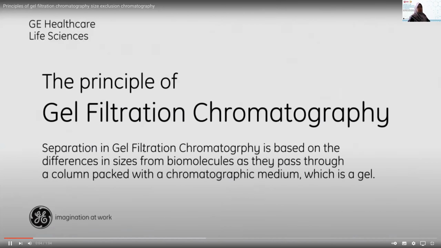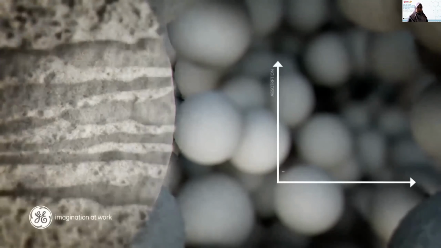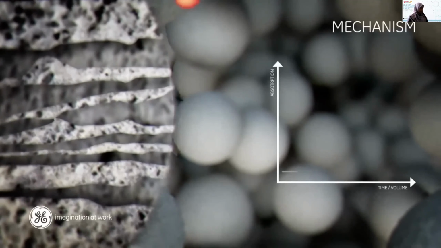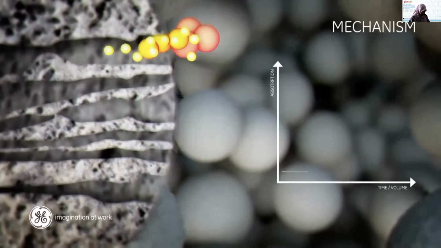So we separate the protein according to size. Gel filtration chromatography is based on the differences in sizes of biomolecules as they pass through a column packed with a chromatographic medium, which is a gel. Molecules larger than the pores in the gel are unable to diffuse into the gel and are confined to the solution surrounding the beads.